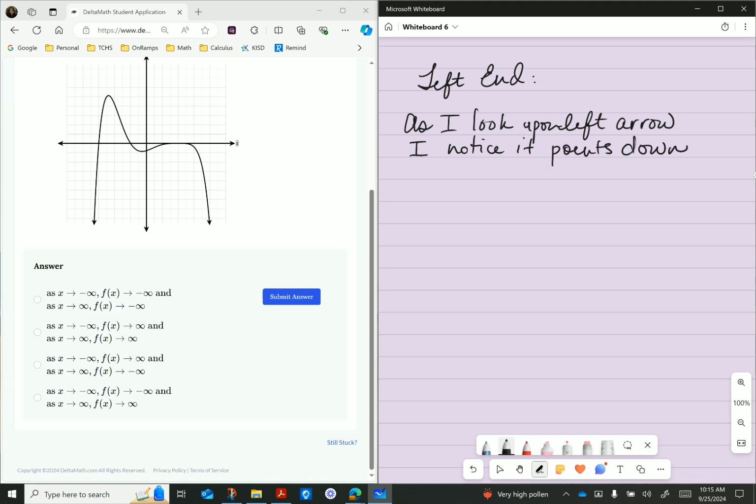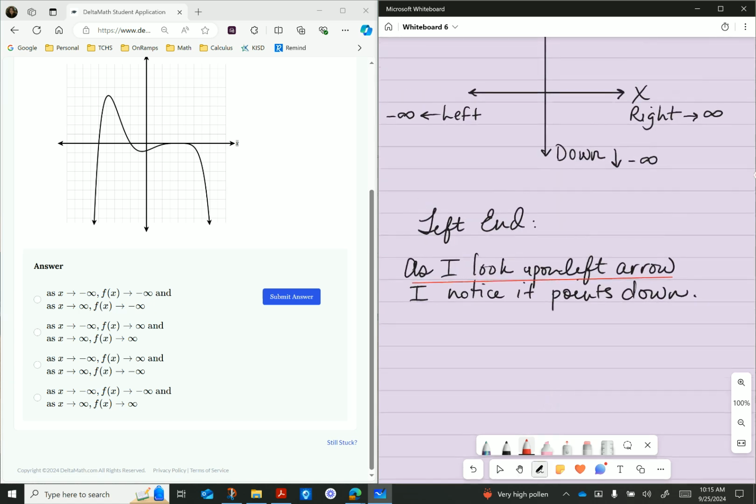All right, now that's a lot to write. So what are we going to do? In math notation, I'm going to say, as I look upon the left arrow, well, left arrow is this one, right? I'm looking on the left. So left means I'm going to write, as I go on the x-axis towards the left-hand side, what do I notice happen?